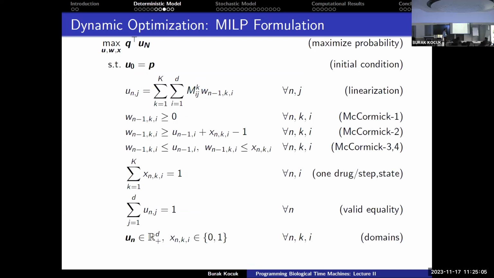If you do all these things, you end up with this complicated looking formulation. Since I will not be using this formulation much, I don't want to go into details. If you're interested, we can still discuss it afterwards. But my point is that we tried this, but this MILP doesn't scale computationally.